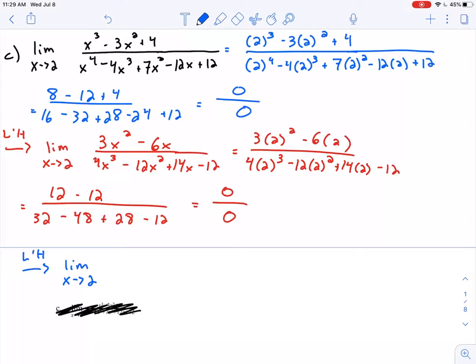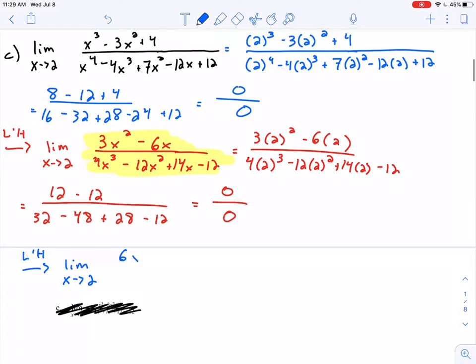The derivative of my numerator is 6x minus 6. In my denominator, I have 12x squared minus 24x plus 14.